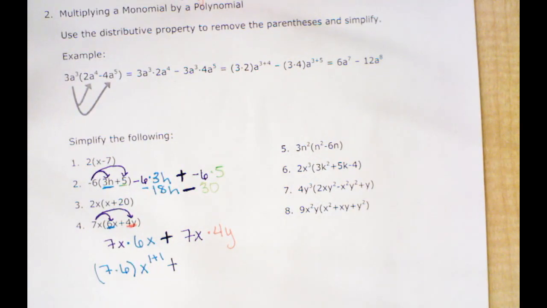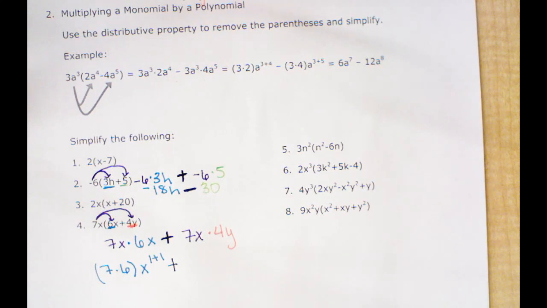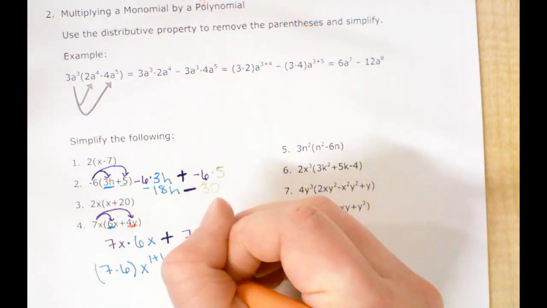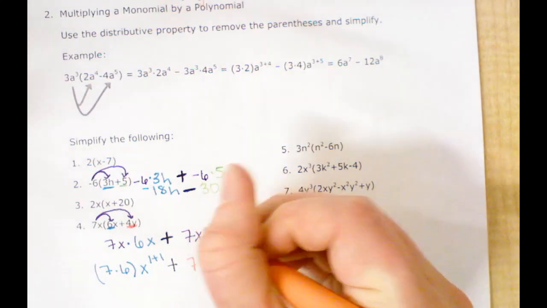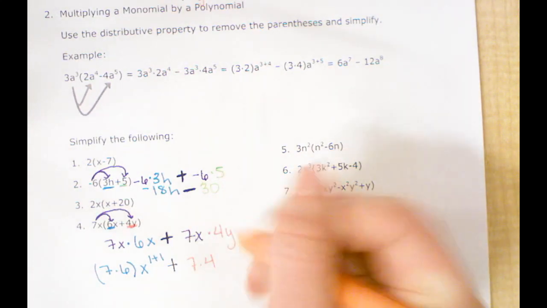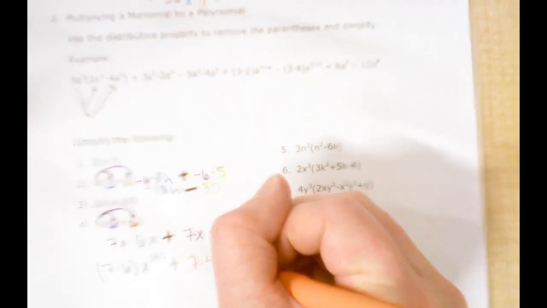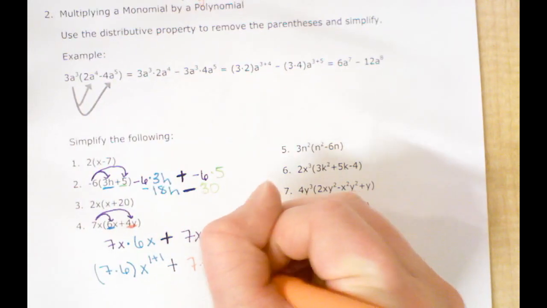Because now we have more than one variable, and we are adding the exponents. It's just like the example up at the top. Okay? So now we have 7 times 4. And then we have x and y. Do we have to do anything with those? Nope, we're just going to bring them down.